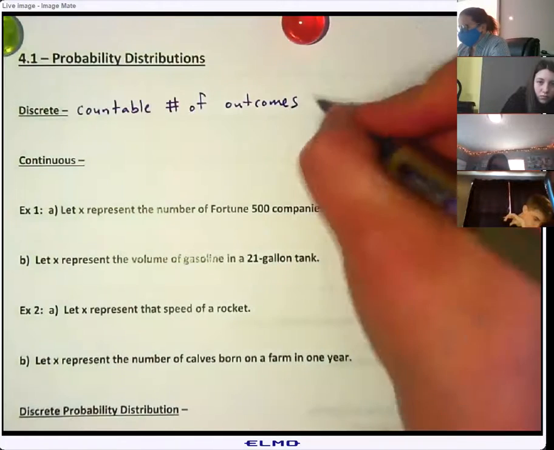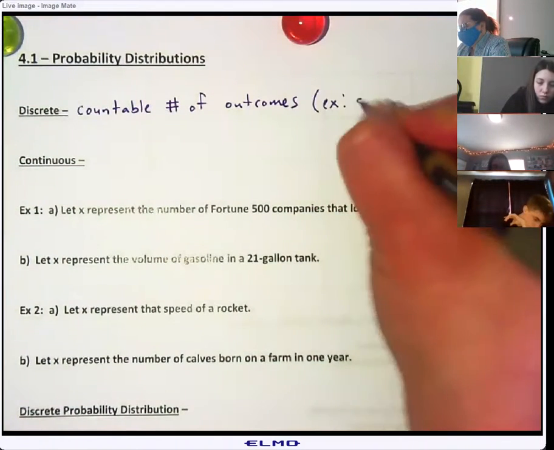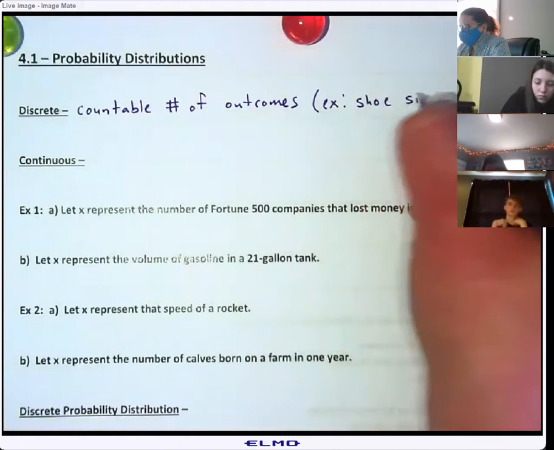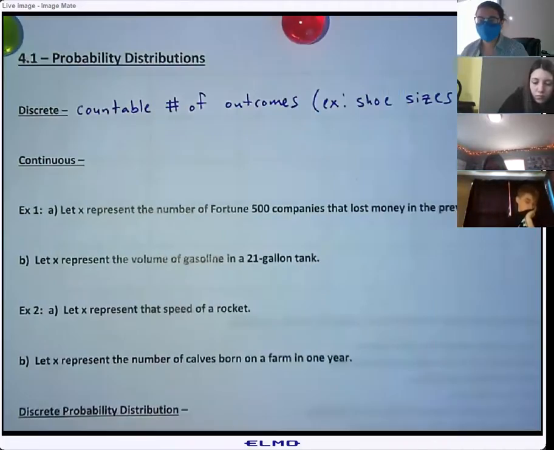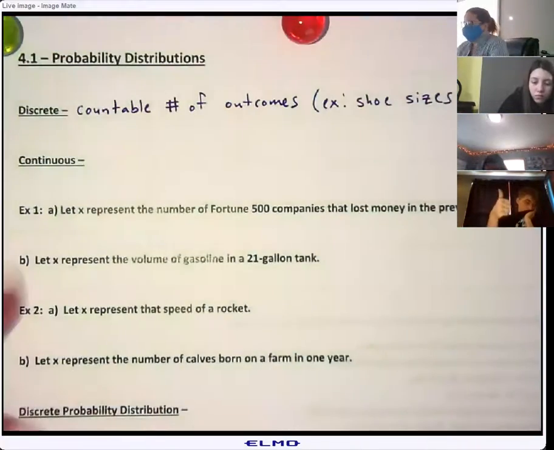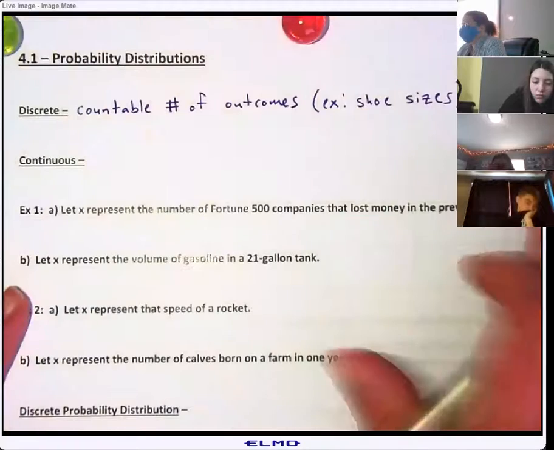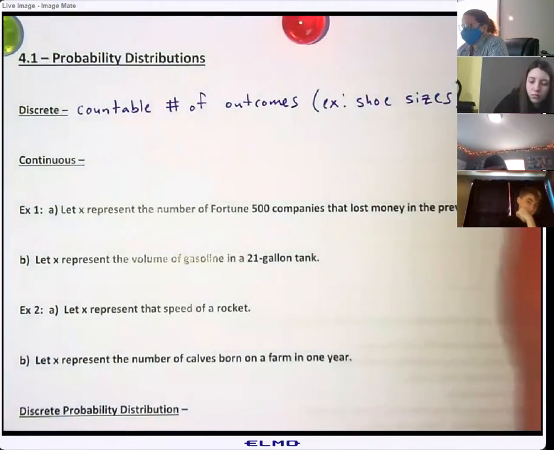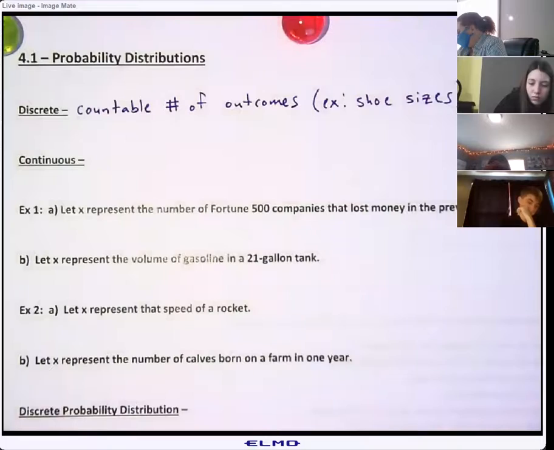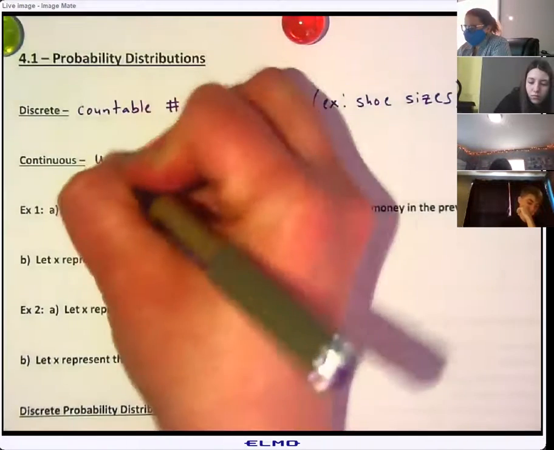An example of this would be if I said all the shoe sizes that there are. 14, 16. Okay. You could make a list. And if you can make a list of it, it's good. Continuous is when there's an uncountable amount.